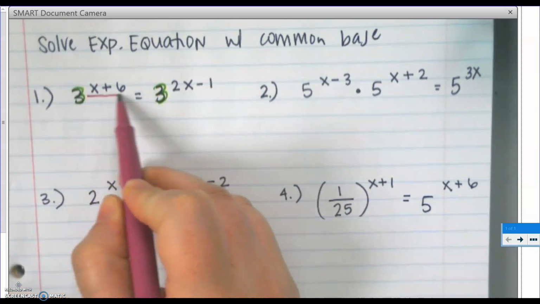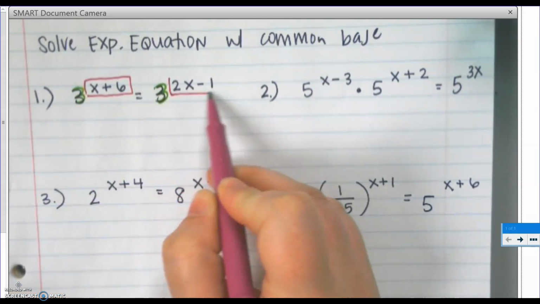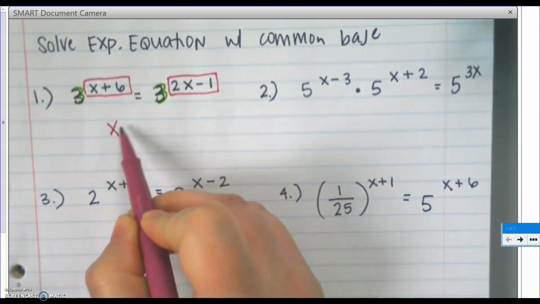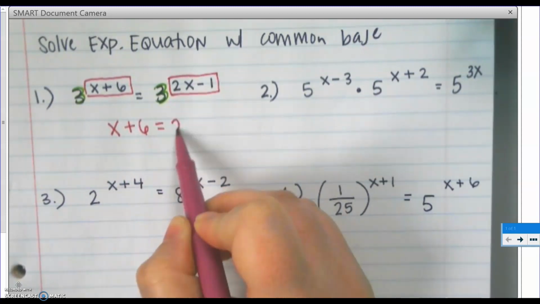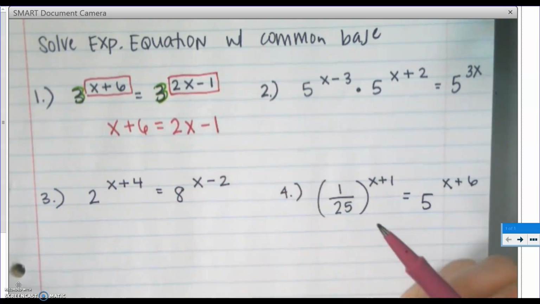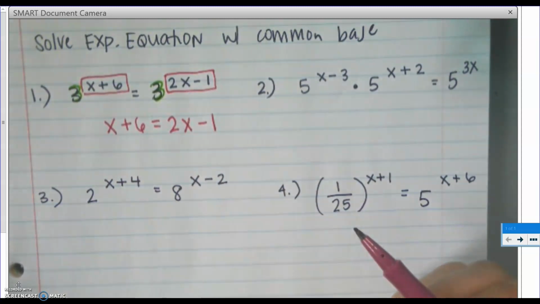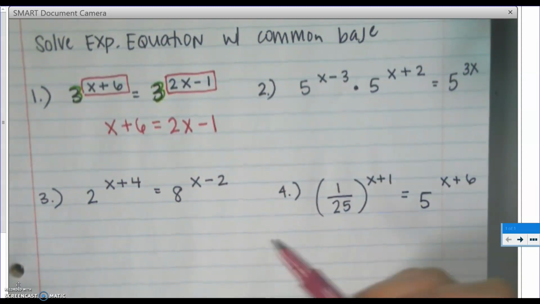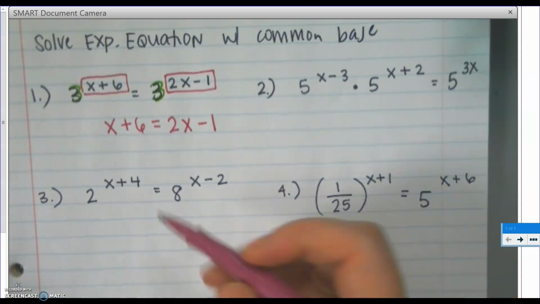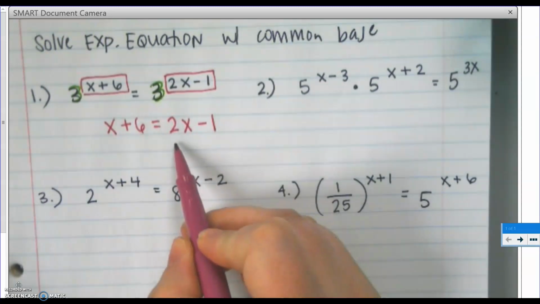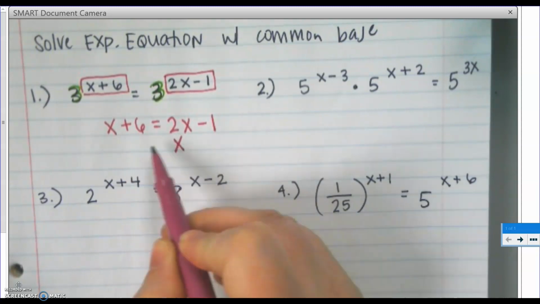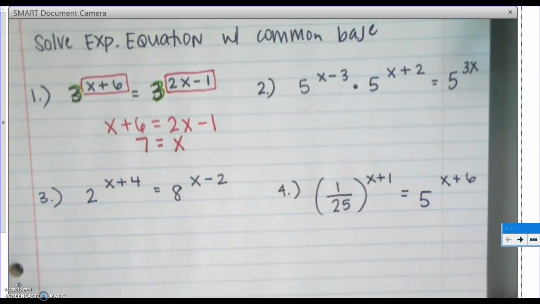So the exponents are equal to each other when the bases are the same. The only equation that we're actually solving is x plus 6 equals 2x minus 1. We'll solve it like a normal equation, get the x's on one side, get the constants on the other. I'm just going to subtract x, I'm going to add 1, so x is equal to 7.